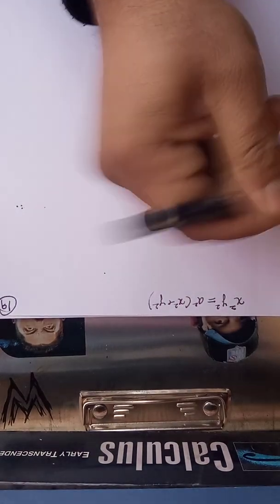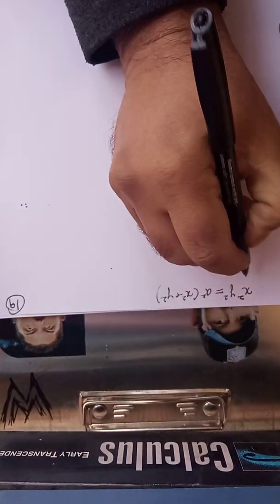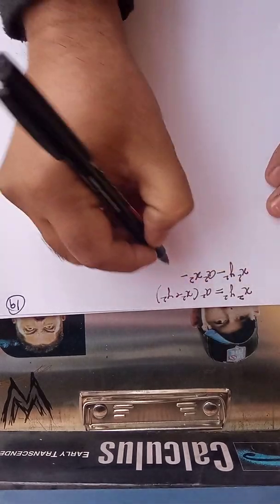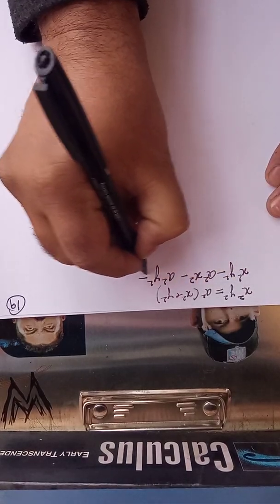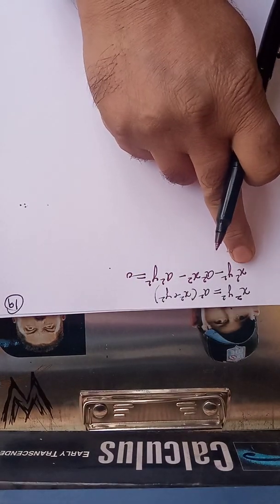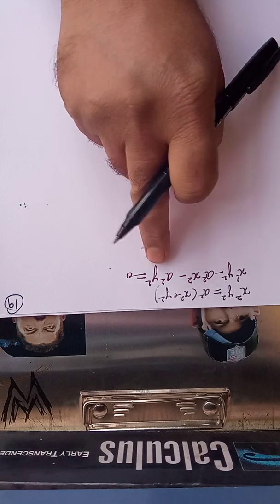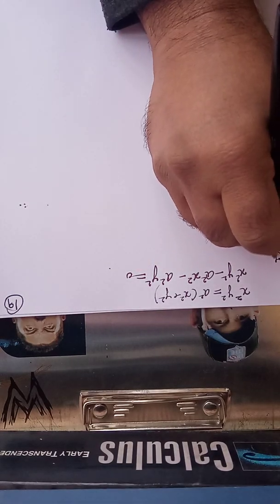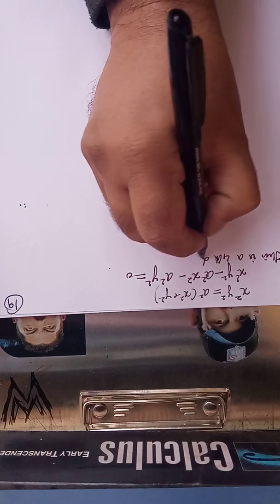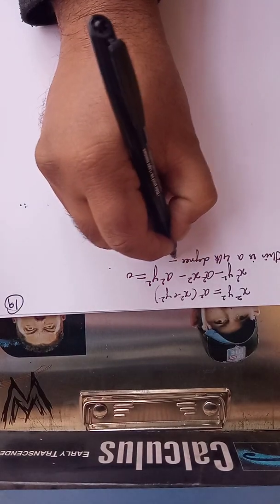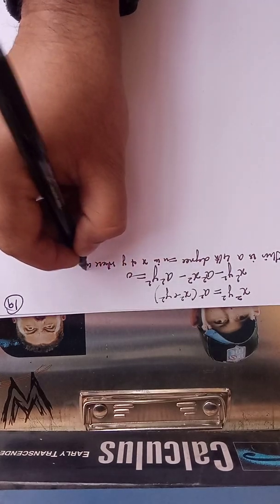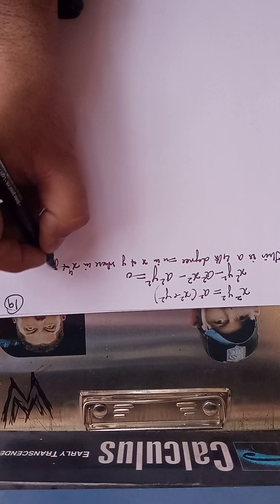This is x square y square minus a square x square minus a square y square equals 0. See, x square y square means 4th degree. This is a 4th degree equation in x and y, wherein x^4 and y^4 are absent.